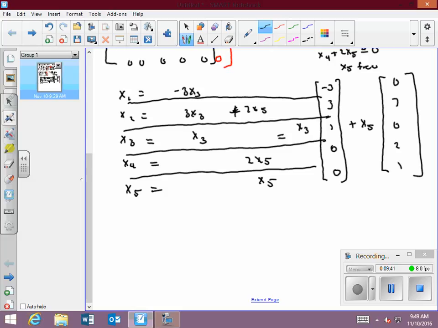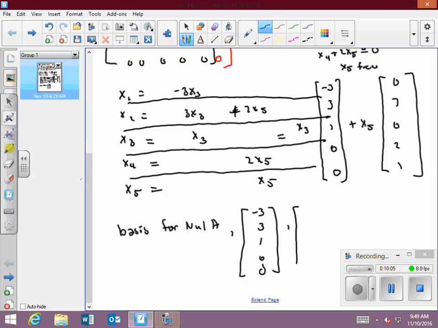So then the basis for null A are the vectors minus 3, 3, 1, 0, 0, and 0, 7, 0, 2, 1.